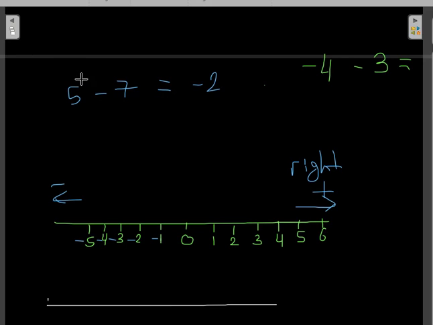So remember the first number tells us where to begin. Let's use white. So beginning right by the positive 5. The sign then tells us which direction we move in. We move to the left.